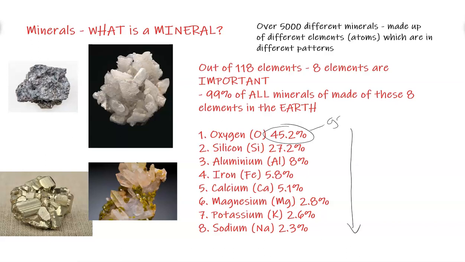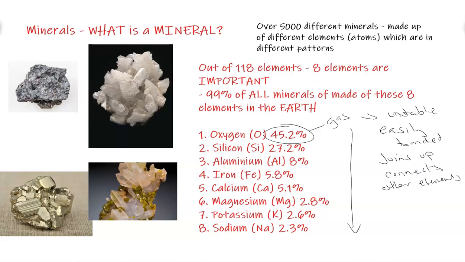Now, this is a gas, but it's very unstable, and it's very easily bonded. So it means joined up with other atoms. So it quickly joins up and connects or bonds to other elements and other atoms. So it's very sticky. Water is. Well, oxygen is. I say water because it's very easily connected to hydrogen, which makes water.